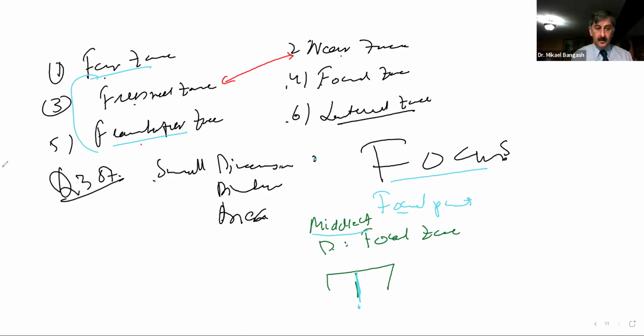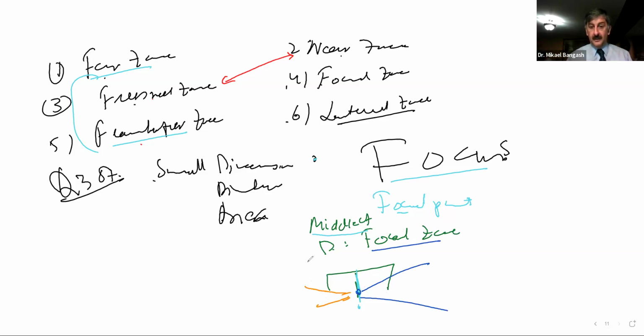Because in the near zone, the beam is still converging. In the far zone of the focal zone, that's where the beam starts to diverge. But in the middle of the focal zone, that's where we will have the beam as narrow as an arrow.